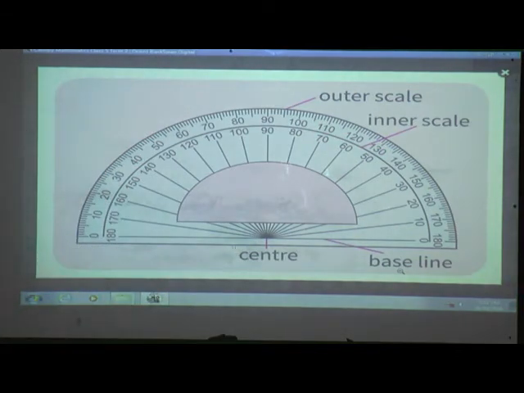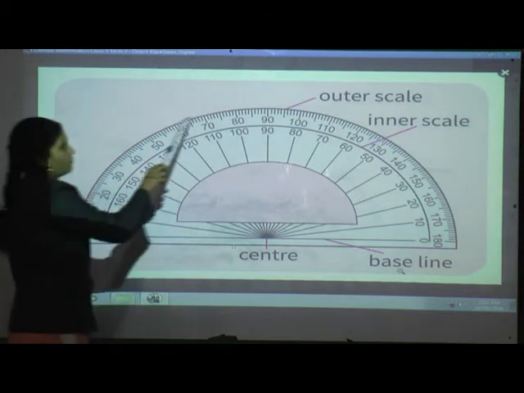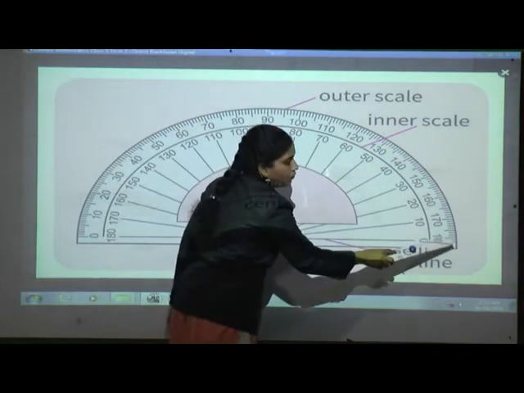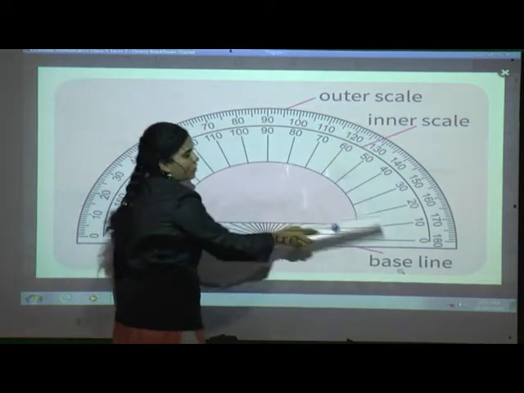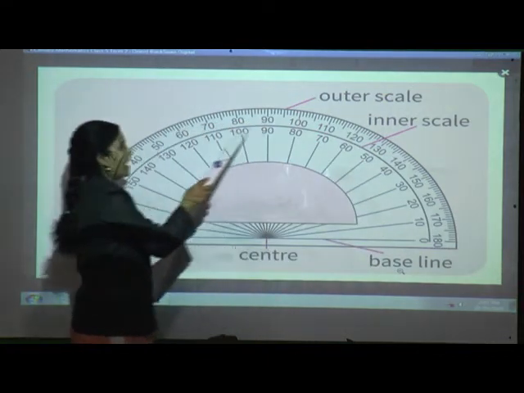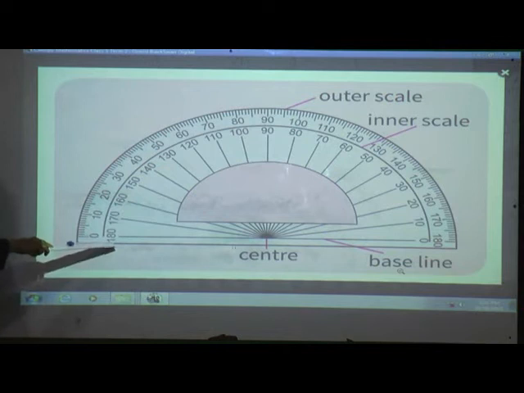Now the protractor has 2 scales on it, an inner scale and outer scale of numbers beginning from 0 and going up to 180. The outer scale begins from 0 and ends with 180. Even the inner scale also begins from 0 and ends with 180.